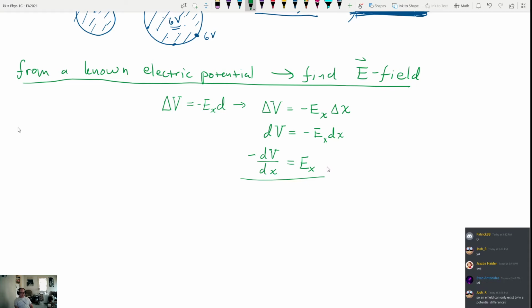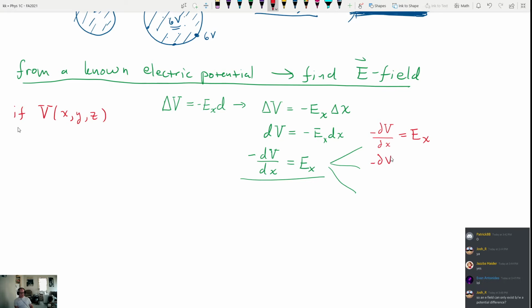And in general, what we can do is we can expand this to 3 dimensions. So if I want to expand this to 3 dimensions, I'm going to have to write 3 different equations, and they're going to look like this. Because we're going to be working in 3 dimensions, and because the function V may be a function of x, y, and z, so we're going to assume that V is a function of x, y, and z, or some other variables, that if I take the partial derivative, we call this a partial derivative of the potential with respect to x, you get the x component of the electric field.